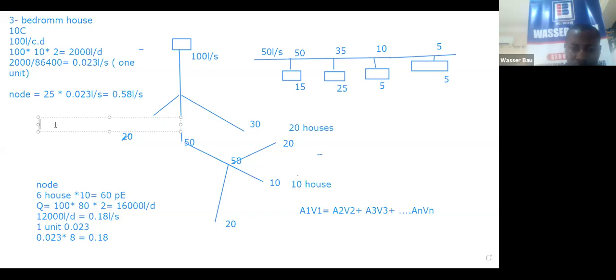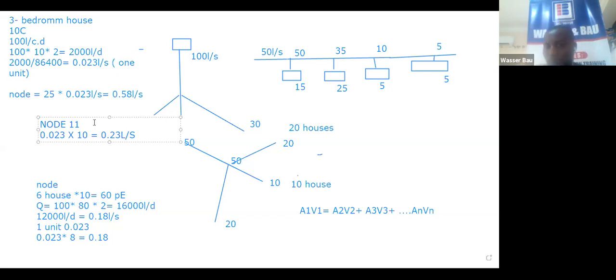Node 6 we just did, so we're going to do node 11. We've already calculated the value for one house, so it should simply be 0.023 multiplied by 10 houses. That will give us 0.23 meters per second.